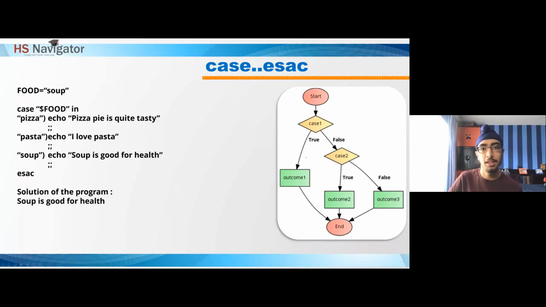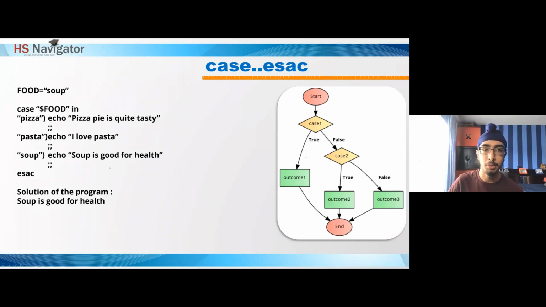So you do case $food in. If the food is pizza, then echo print pizza pie is quite tasty, and then end that. Or if the food is pasta, then say, oh, I love pasta. But if the food is soup, then say soup is good for health, and then you end it with esac.